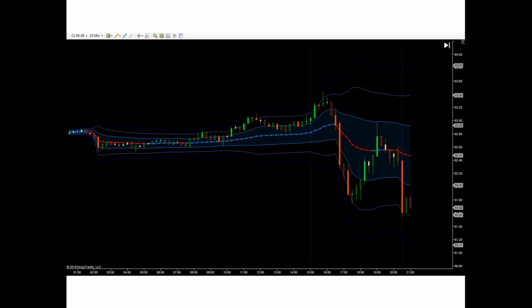Previous owners of the bundle software, welcome to the latest Bloodhound Blackbird templates. We've updated all the indicators with no additional charge to our customers who have bought in on NinjaTrader 7. So quite a bit of work went into that.